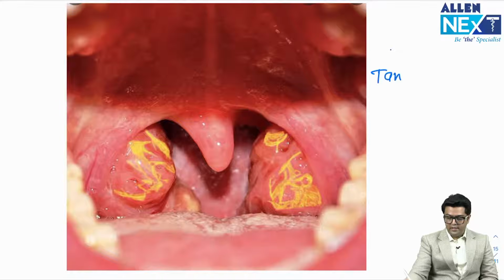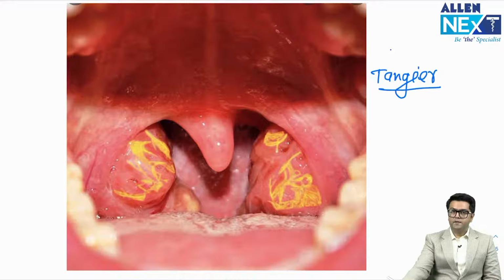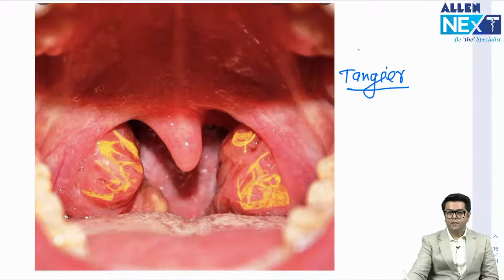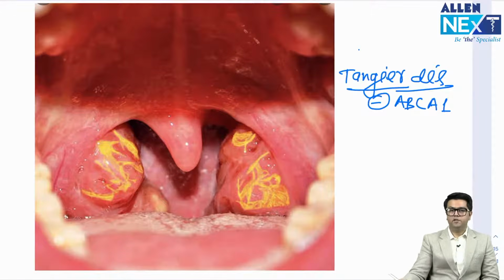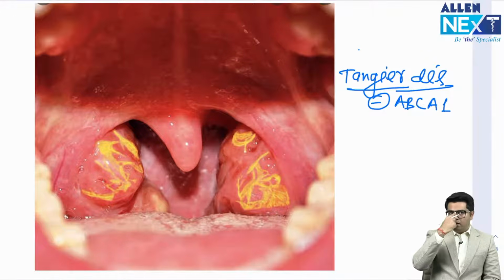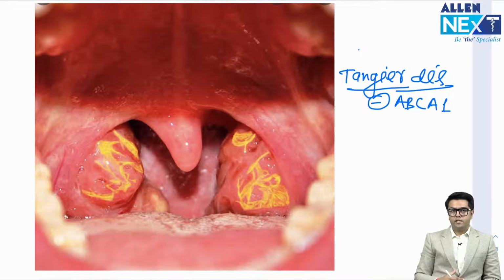You can easily identify, that is called Tangier's disease. Very good. So this is Tangier's disease, and this is due to ABCA1 deficiency. So guys, what are the proteins involved in reverse cholesterol transport? Definitely the answer is HDL. Apart from HDL, what are the other proteins participating in reverse cholesterol transport?